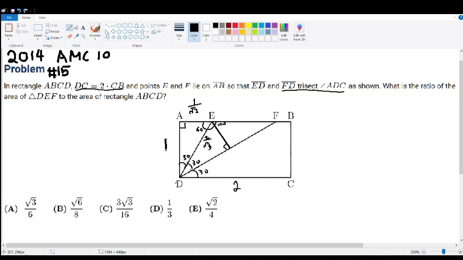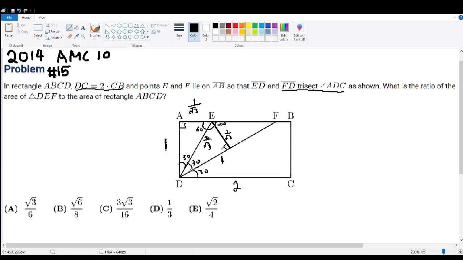Since this long side is 2 over square root of 3, this short side will be 1 over square root of 3, and this long side would be 1, right?